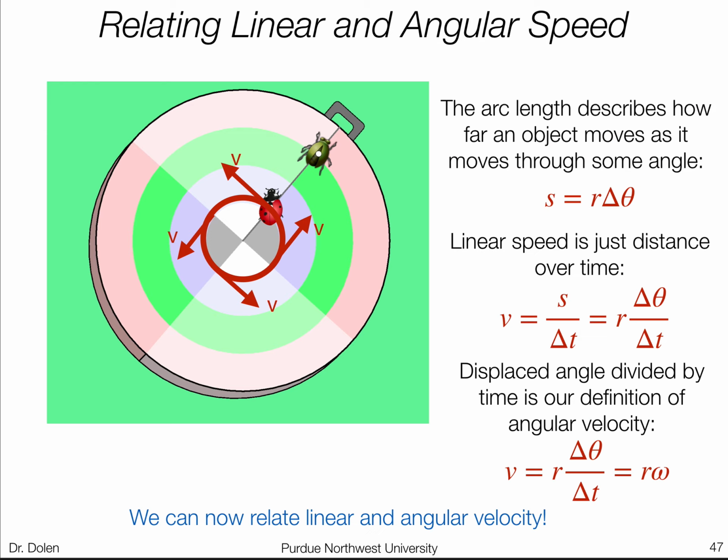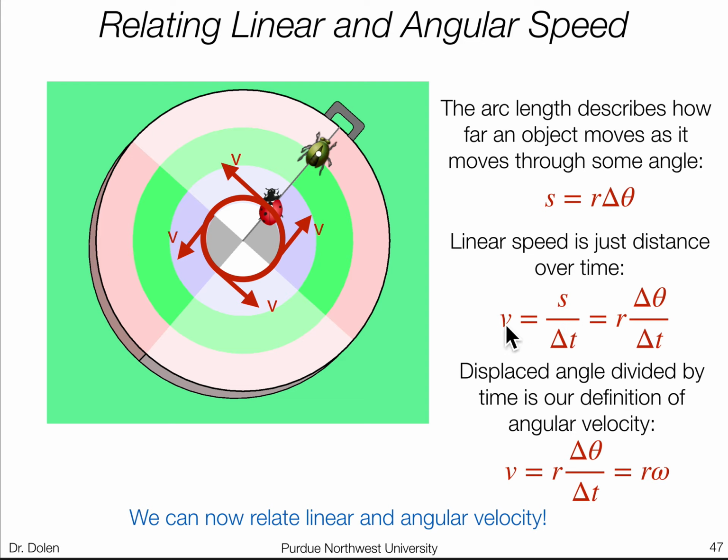we can use our arc length formula. Here's our arc length formula. As the bug moves through some angle delta theta, the distance it's traveling, s, is given by this formula, and linear speed is just how far you travel in a given period of time. So this is how far you're traveling, s, some distance in meters, in some period of time.